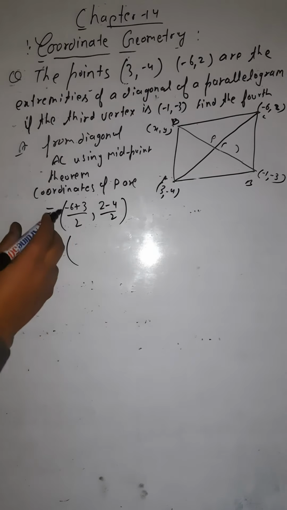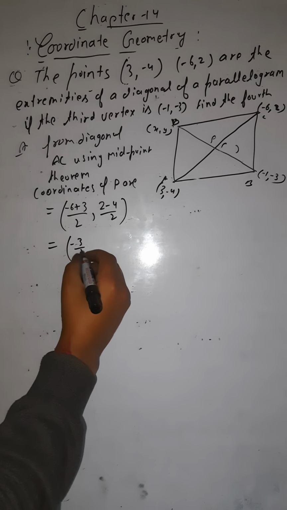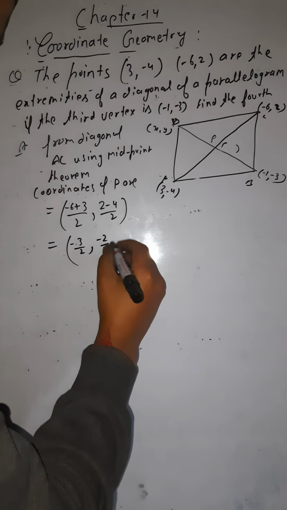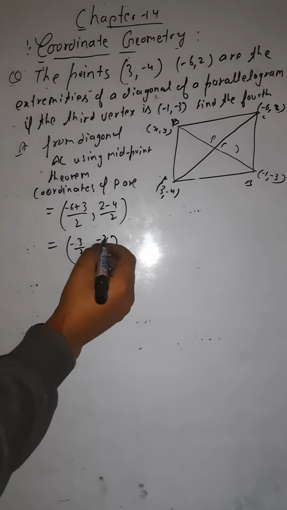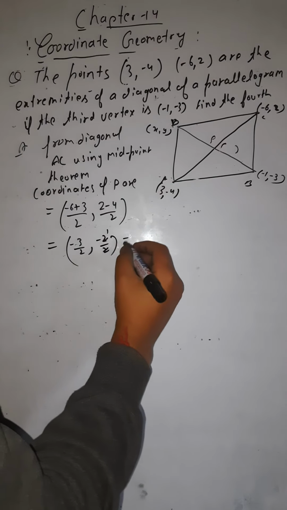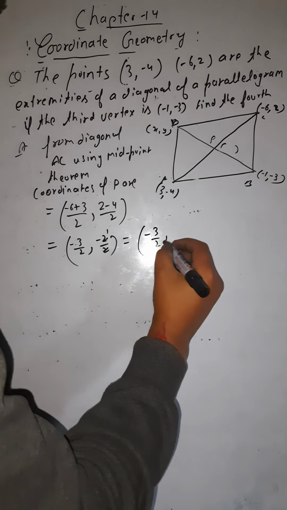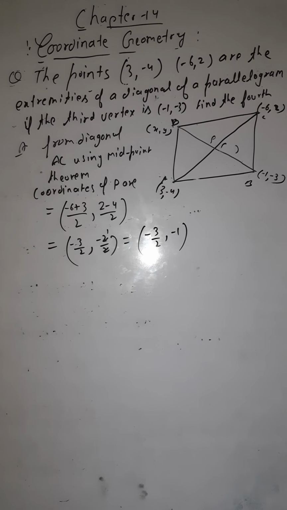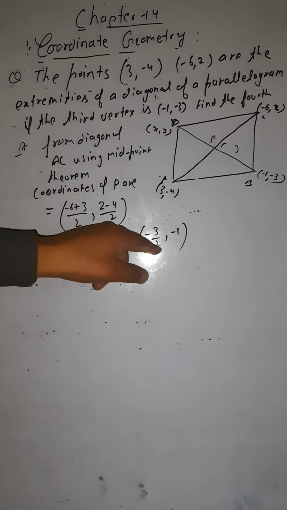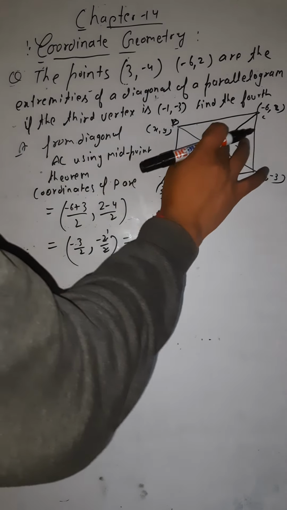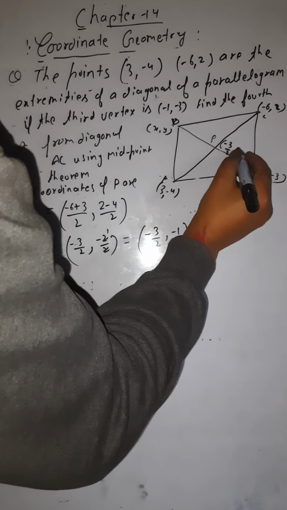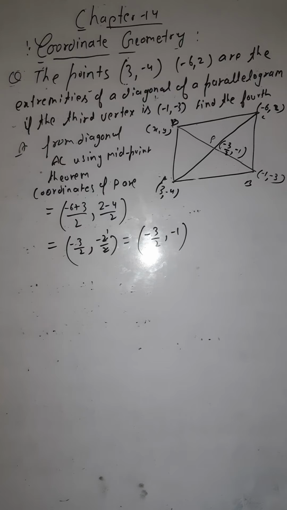The answer would be minus 6 plus 3, minus 3 by 2, and 2 minus 4 is minus 2 by 2. So 2 one ja 2, I can write it as minus 3 by 2 comma minus 1. These are the coordinates of point P.